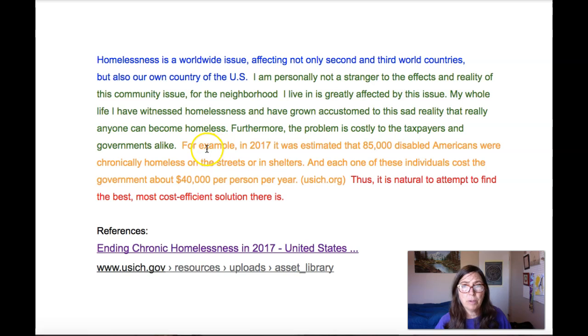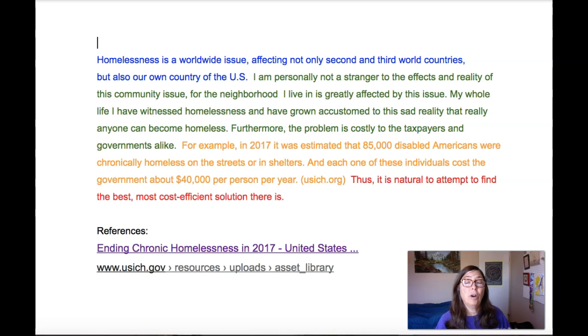And then as an explanation, he says, for example, in 2017, it was estimated that so many Americans were homeless. And that also reinforces not only the part about it being costly, but also the part about it being a sad reality. And of course, where he put some facts, he also gave the reference at the bottom of the paragraph, or the two paragraphs.